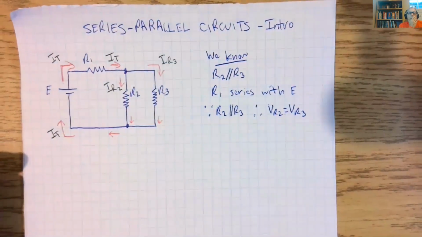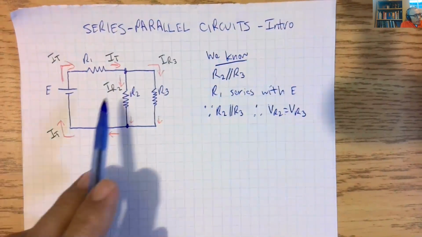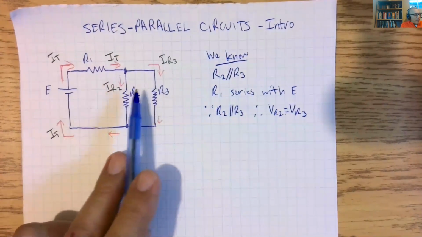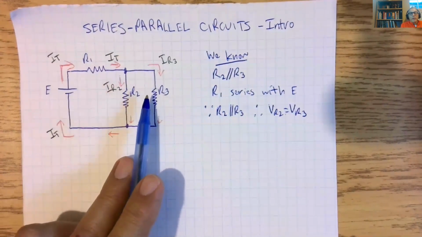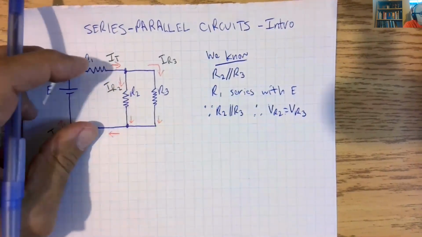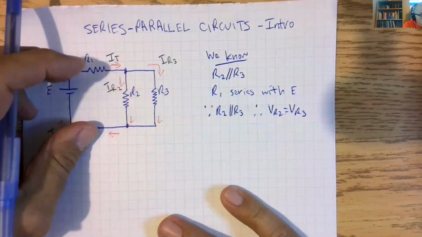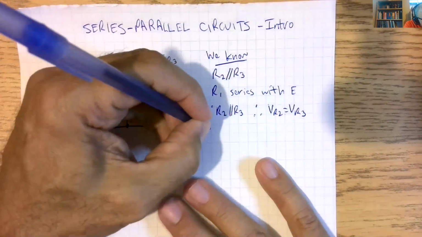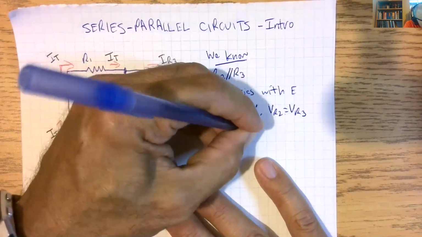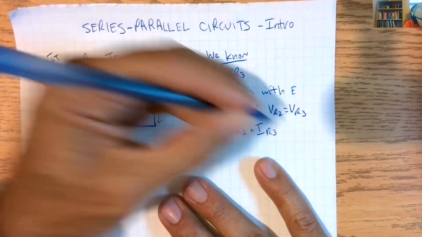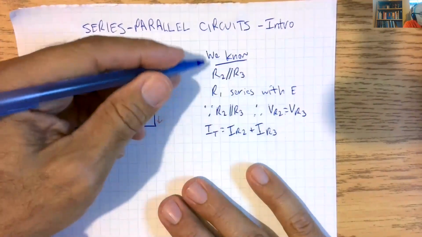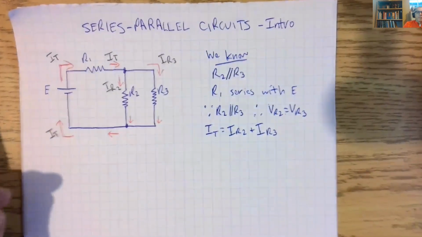Now, we see IT coming into this parallel branch, and it's splitting up into IR2, IR3, and it's coming back. So using Kirchhoff's current law in a parallel circuit, we know that IT is equal to IR2 plus IR3. So these are things that we know about this circuit.